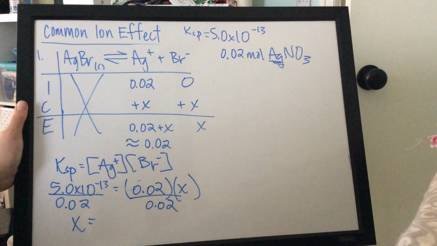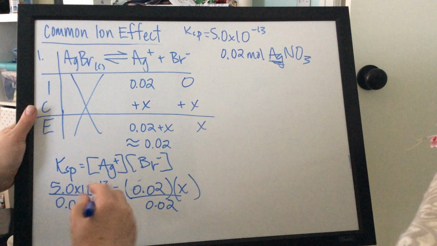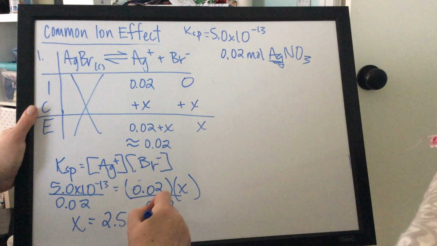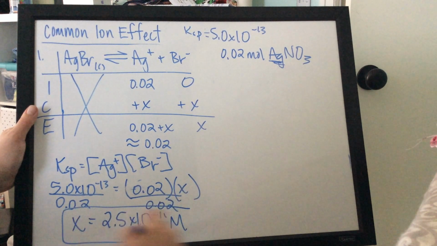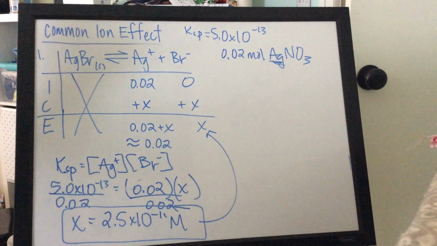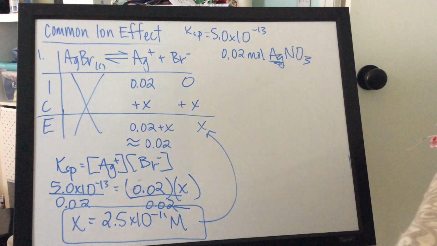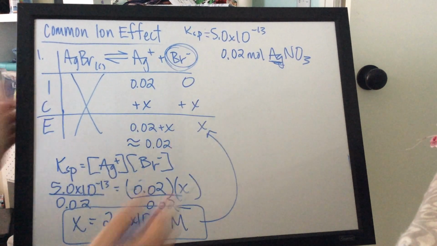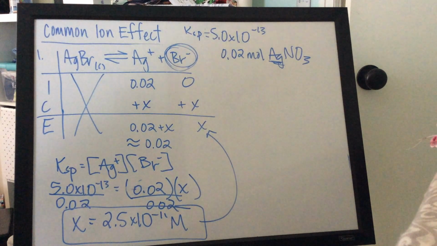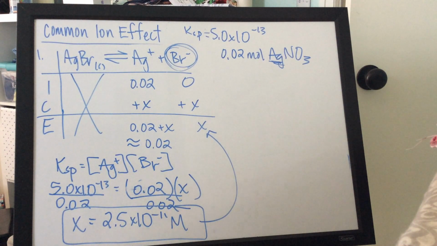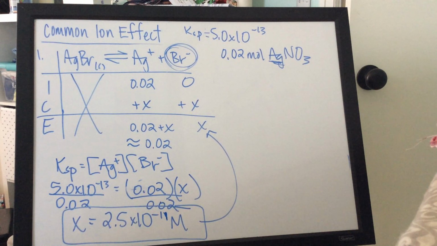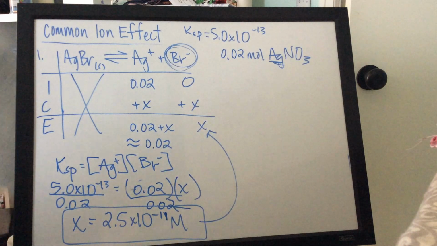And I end up with, again, I don't have a calculator, but I did this before, a value of 2.5 times 10 to the negative 11th molar, which is the value of x. And if you go back and revisit your question, the question said, what's the bromide ion concentration, which is what x was. So there you go. In this case, with the common ion of silver, the bromine concentration is 2.5 times 10 to the negative 11th molar, pretty small, which we would expect it to be.